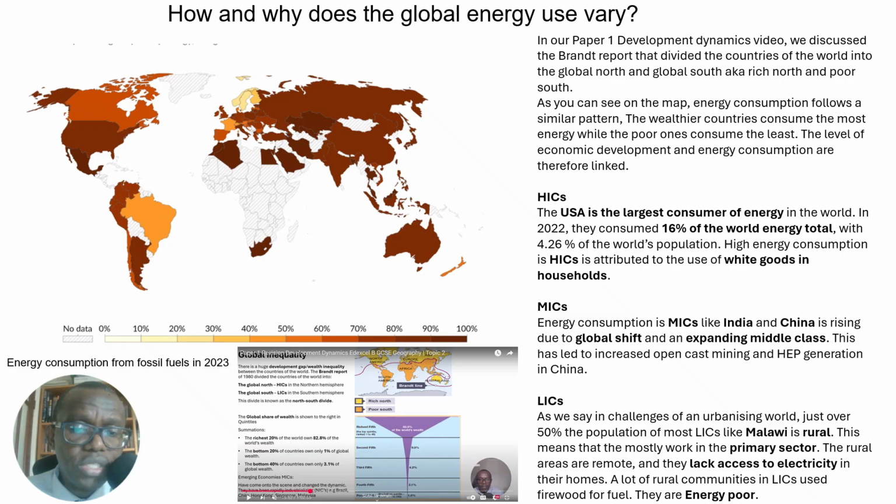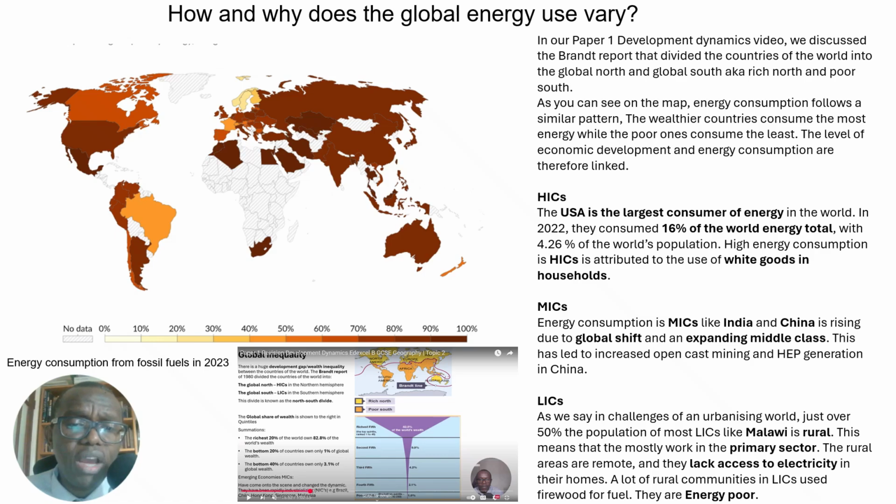The countries to the north of the line are in the global north, so they are the HICs, or the richer countries, and the ones in the southern hemisphere and south of this line mostly are considered to be in the global south and to be the poorer countries.